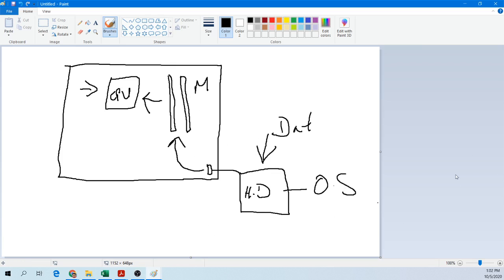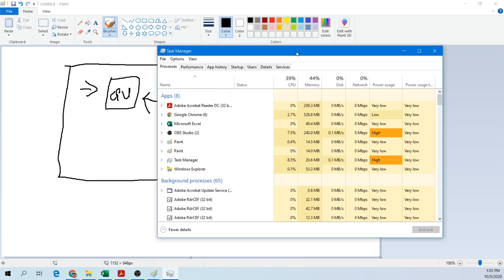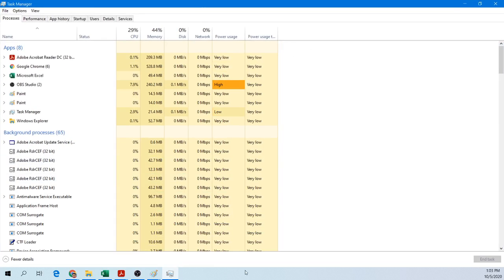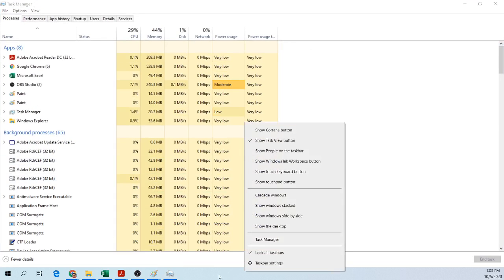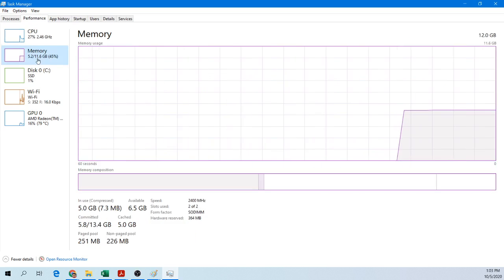For those of you who know about computers, this here is called a task manager. You get it by right clicking on the taskbar at the bottom here, task manager. And if you go to performance and you click on memory, it tells you how much memory your computer has and how much is being used.